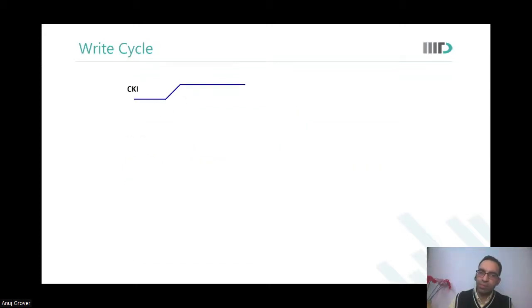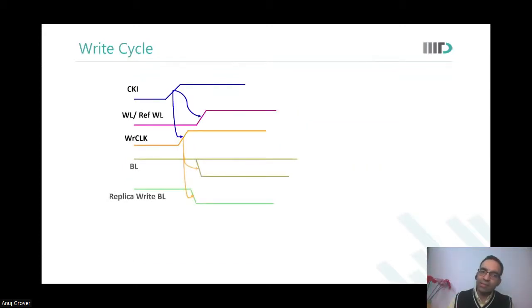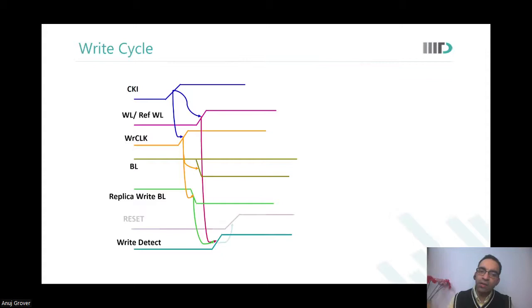Okay. And just like for the read cycle, you have a replica write bitline and a write detect circuit also there, which generates the reset. So the difference is, in a read cycle, the replica bitline discharge would directly generate the reset, whereas in a write cycle, there is an additional signal which is called write detect.